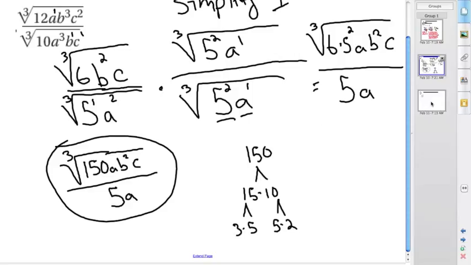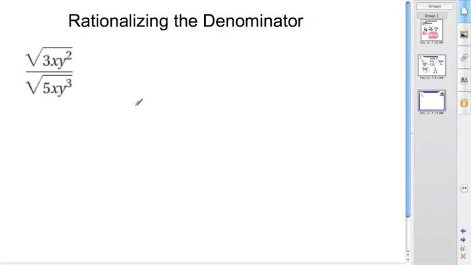Let's do one more example. Rationalize, so I'm going to simplify first.